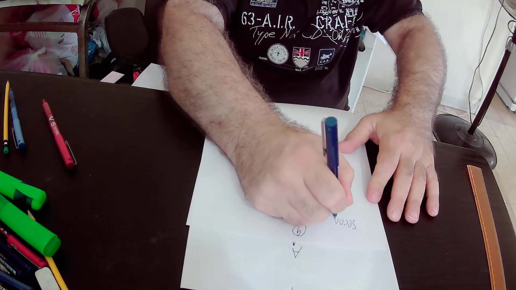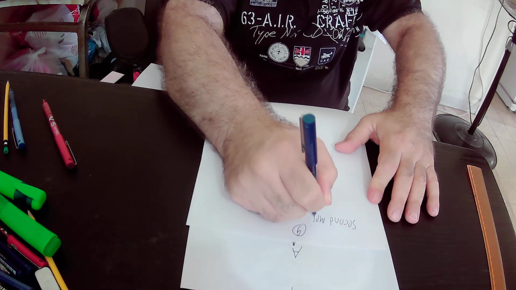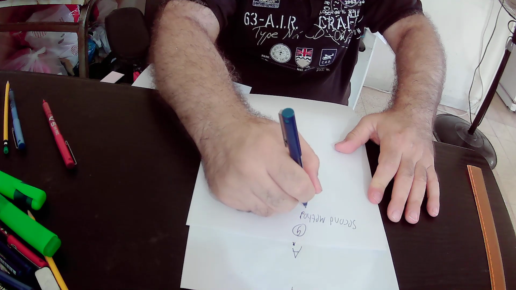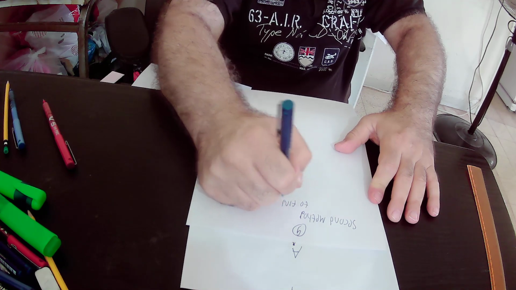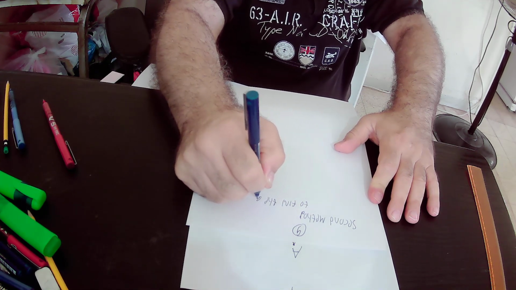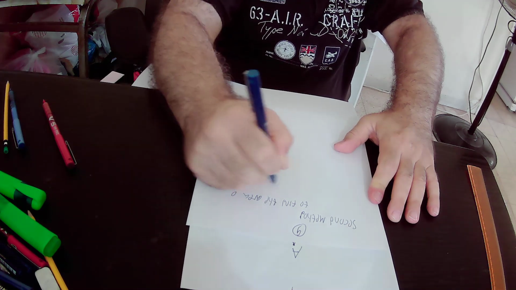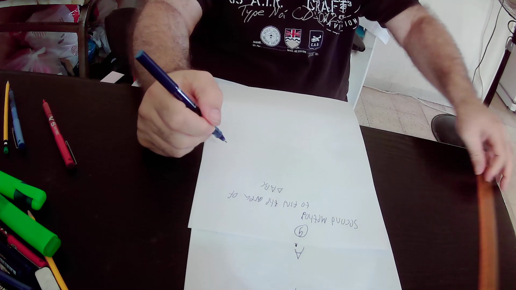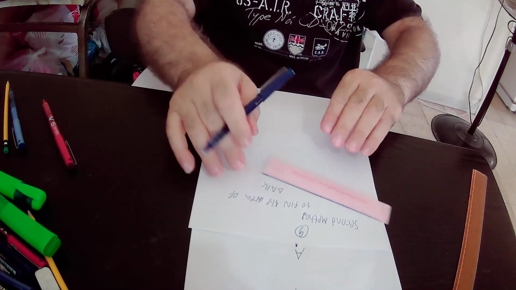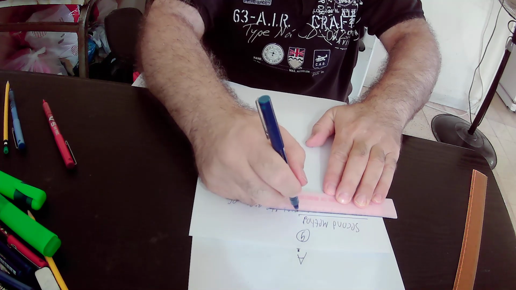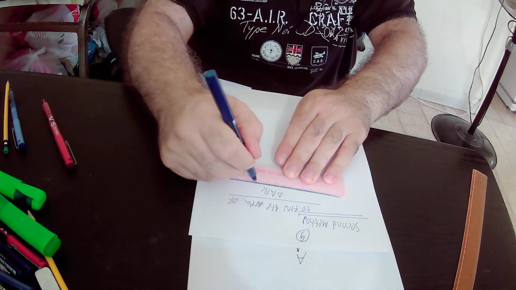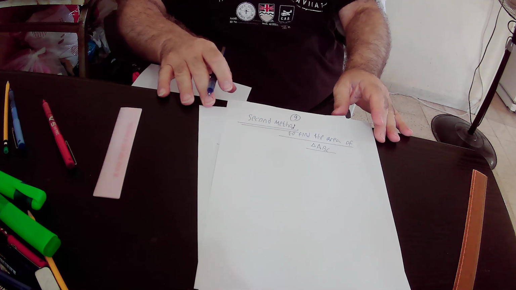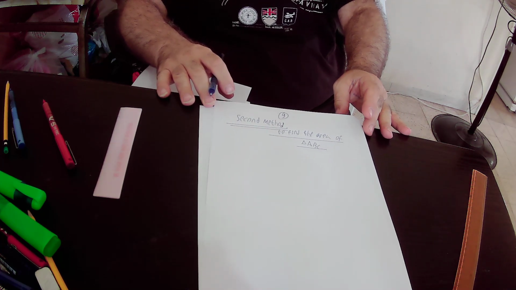Again, a second method to find the area of triangle ABC.